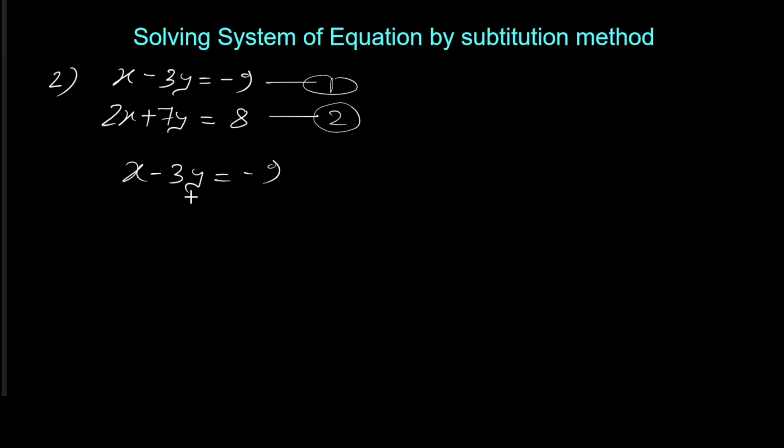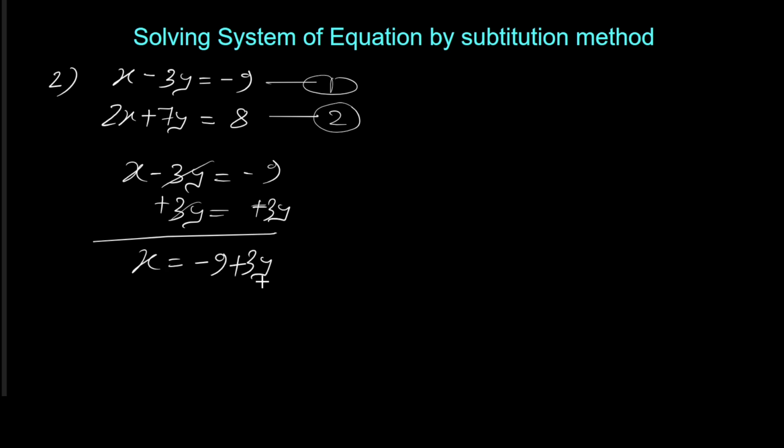To undo this 3y, let's add 3y to both sides of the equation. So here the 3y and 3y will cancel out. So x equals negative 9 plus 3y. So here we have x equals negative 9 plus 3y.